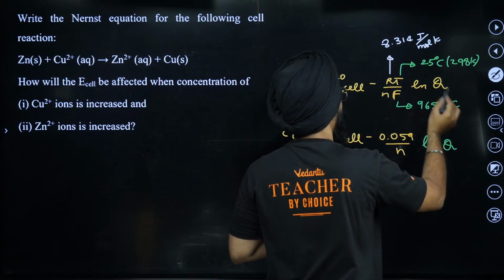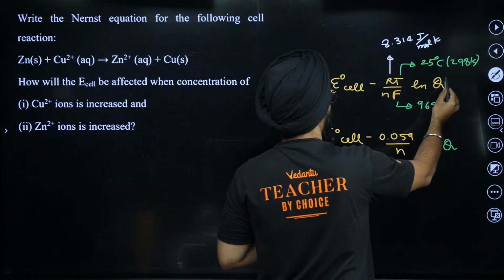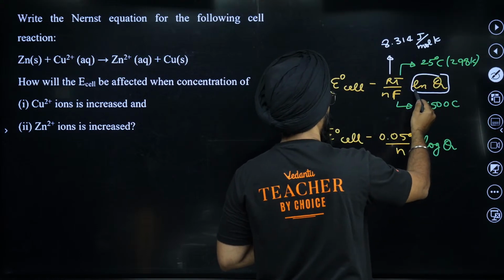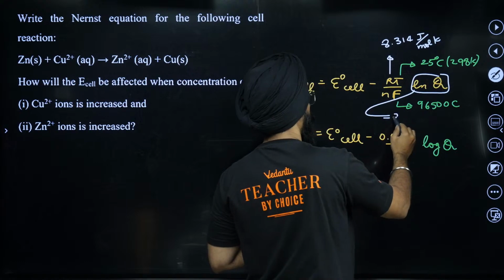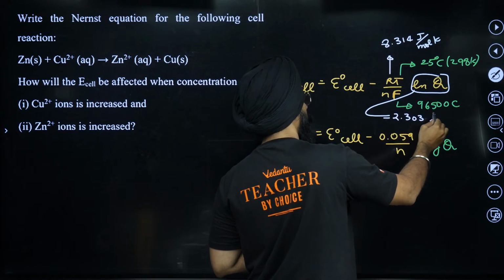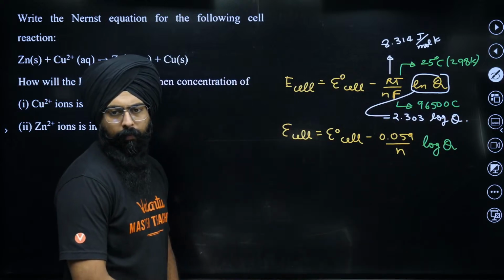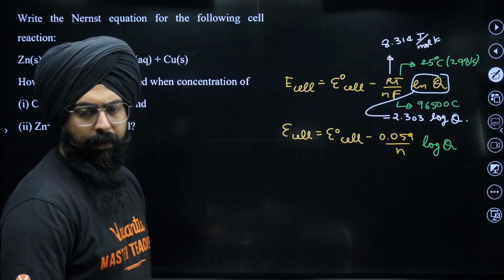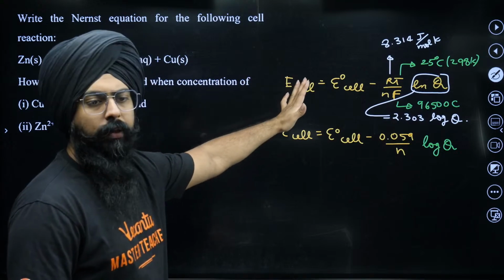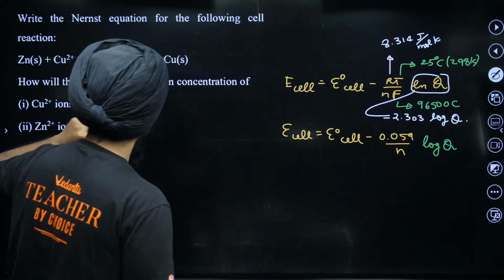Log of Q. So we are also assuming that ln Q is equal to 2.303 times log of Q. Okay. So that is what we are doing in this particular equation.